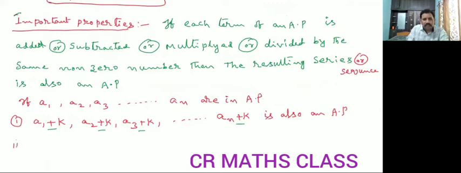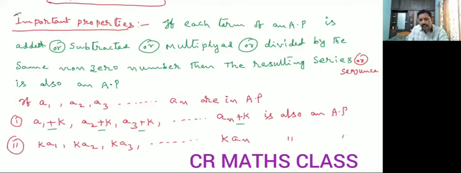Now I am going to the second point. Each and every term multiplied with K: KA1, KA2, KA3 and so on, KAN is also an AP series.